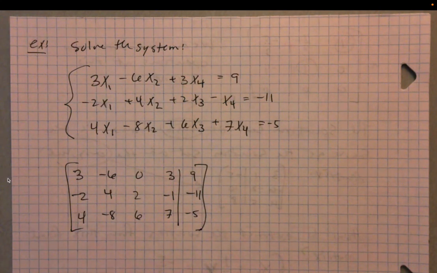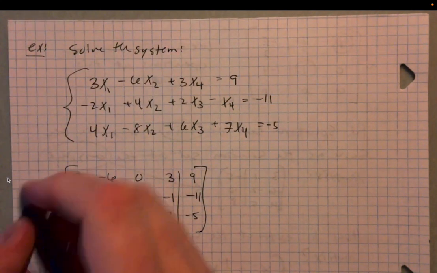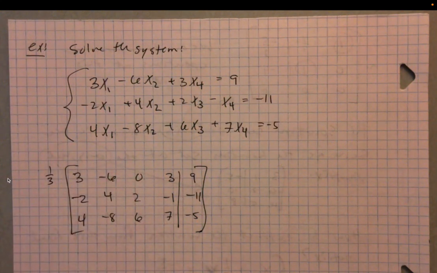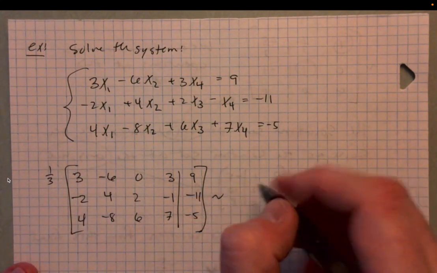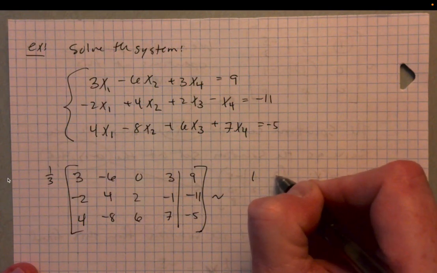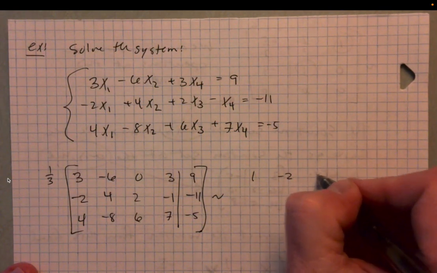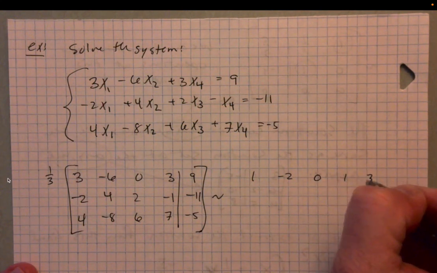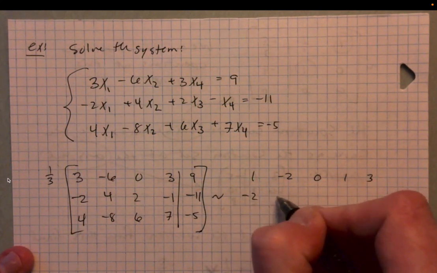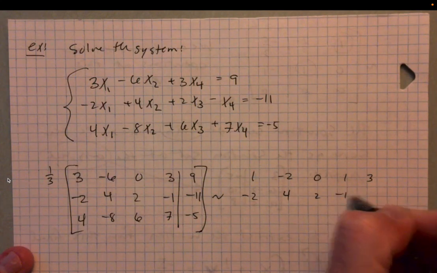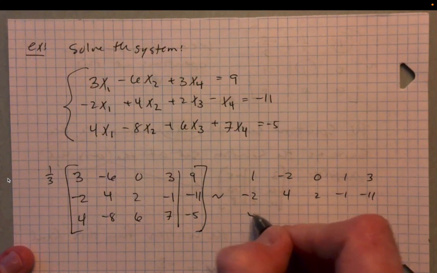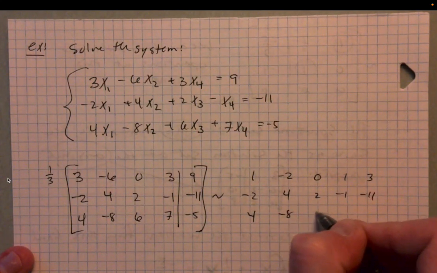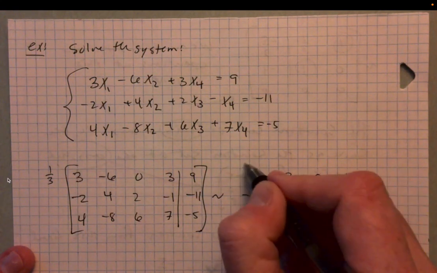Step 1, get a pivot up here. How do we do it? Multiply by a third. Okay, and so we get 1 and negative 2, 0, 1, and 3. All these other rows are unaffected.